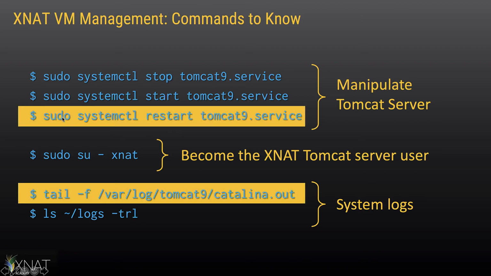And I'm about to use this systemctl restart command. And then I'm going to use this tail command to watch the output of Catalina, the Tomcat Catalina log. And if you've used previous versions of XNAT where it was on Tomcat 7, you'll notice this syntax has changed just a little bit.